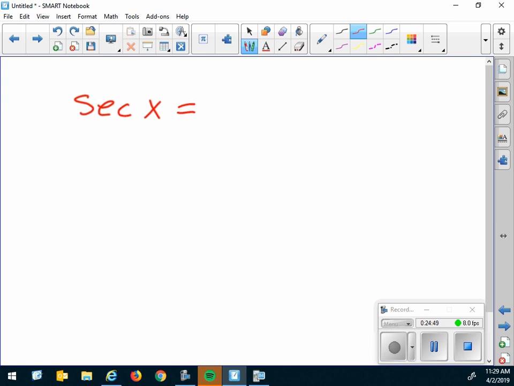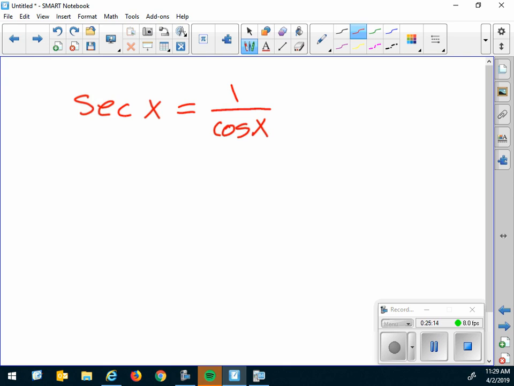How do you graph secant x? Now, before you graph this, I want you to think about what you might see. Is there anything interesting that you might see?